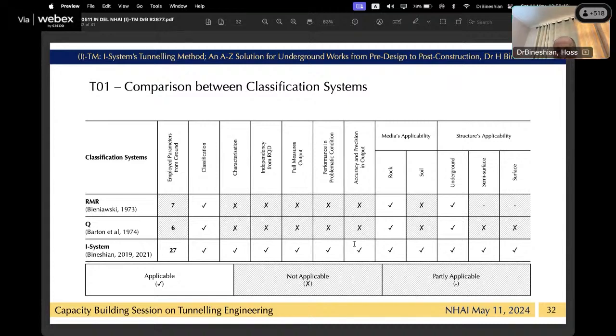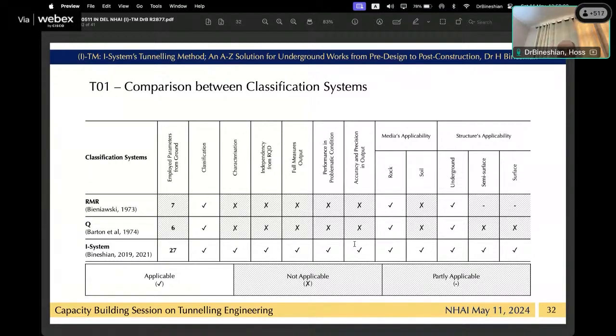But with I system, the class that they report would never be different, because 27 parameters reduce the range of changes and cause accuracy and precision to be high in classification as well as characterization.